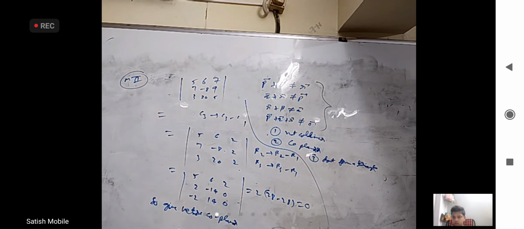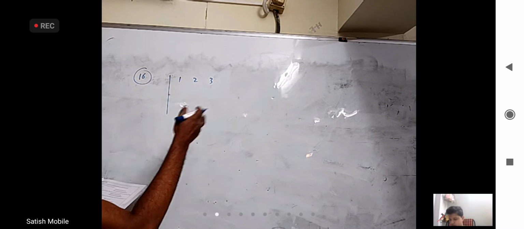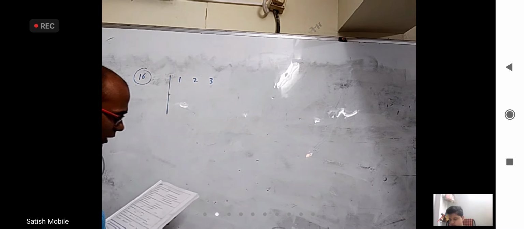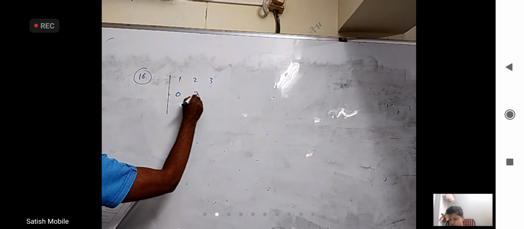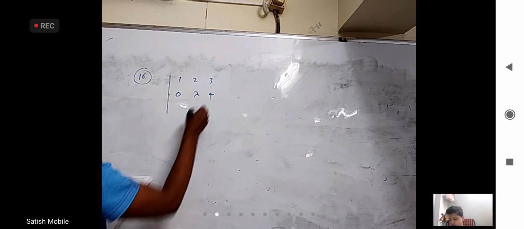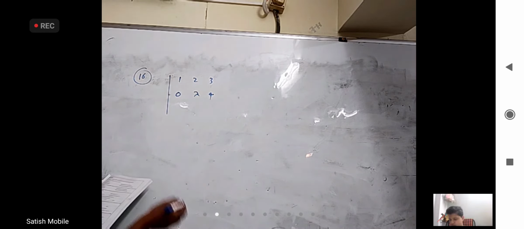If I directly take the coefficients 1, 2, 3 for the first vector, a bar plus 2b bar plus 3c bar. In the second vector a bar is missing, so the a bar coefficient is 0, the b bar coefficient is lambda, and the c bar coefficient is 4. In the third vector a is not there, that is 0, b is not there, that is 0, and this is 2 lambda minus 1.